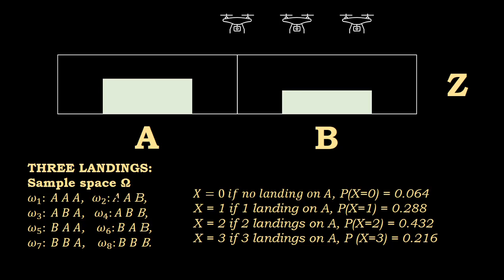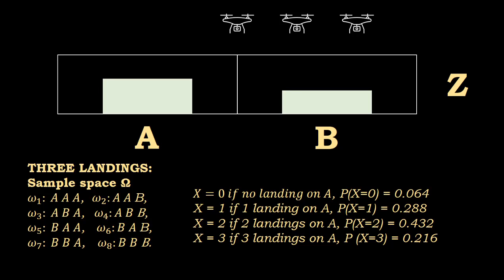Let's take omega 2. The probability is 0.6 times 0.6 times 0.4. Because it will be the same in the other 2 outcomes, we multiply that by 3. And that gives us that the probability of having 2 landings on A is 0.432.